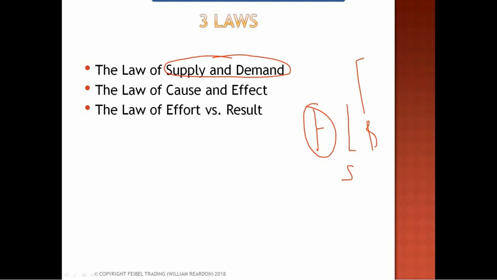So when demand, the buying, is greater than supply, prices will rise. And when the supply, selling, is greater than the demand, prices will fall. It's very simple, but as previously said, we look for the imbalance between the forces of demand and supply.